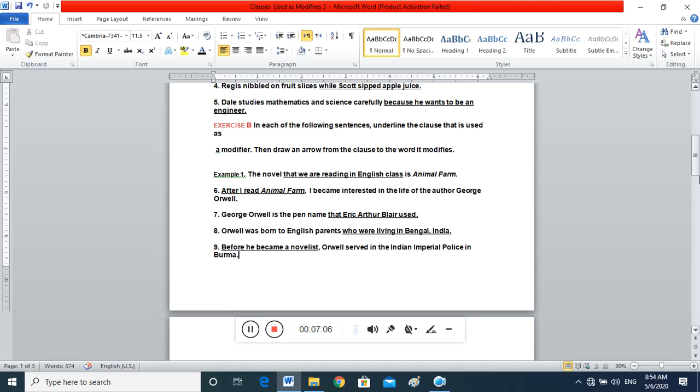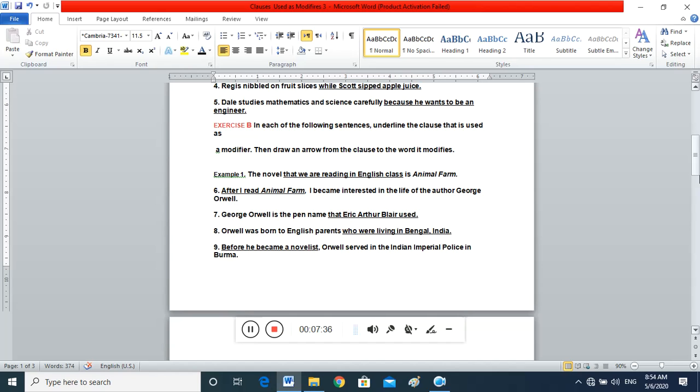The novel that we are reading in English class is Animal Farm. Here we have the clause that we are reading in English class. It describes the word novel, so it's an adjective. Okay, draw an arrow from that we are reading in English class to the word novel.